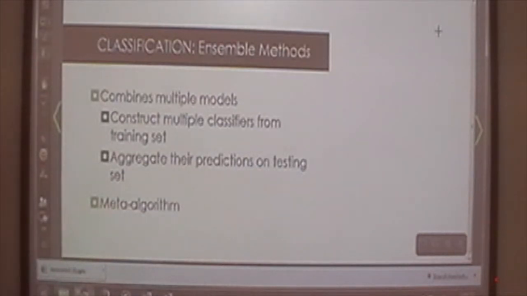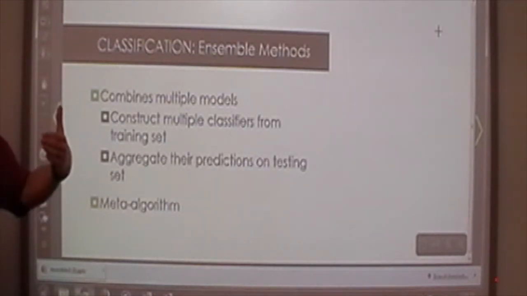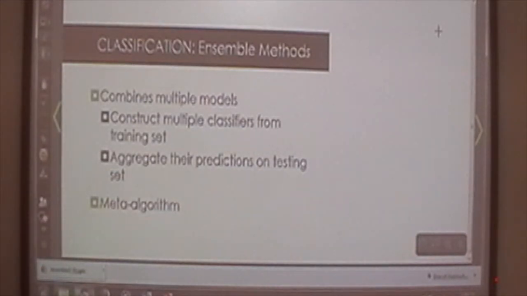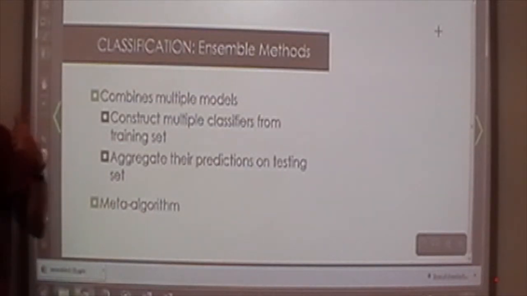So if you take a look at the subtopics here, we're going to construct from a training set multiple classifiers, and then we're going to aggregate their predictions on a testing set. There's more than one way to do this, so we're going to go into some of the more basic ones. You can think of ensemble methods as a meta-algorithm.